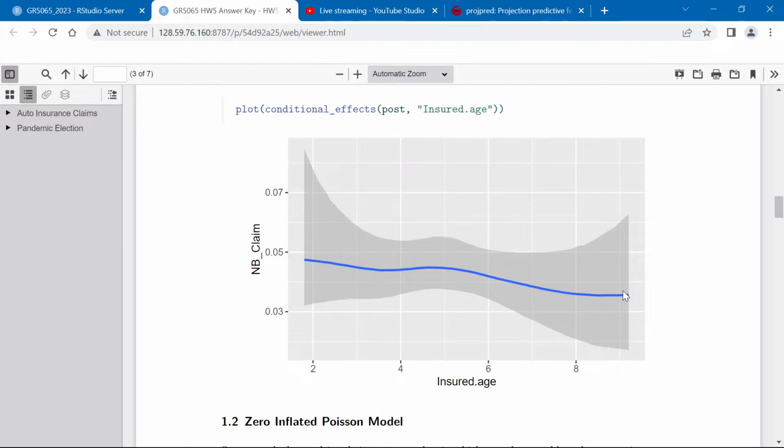Maybe in some circumstances, for something like age or income, it might go up and down and then again, and then maybe up.